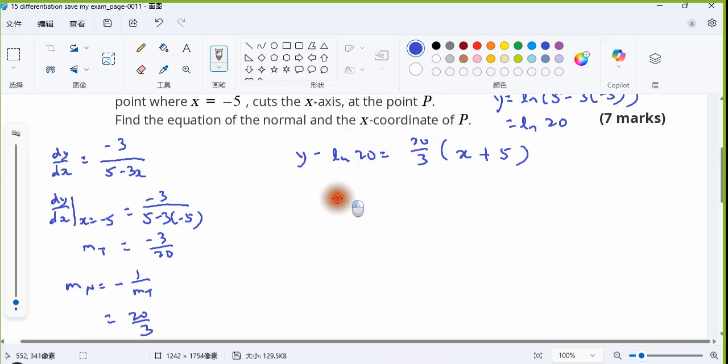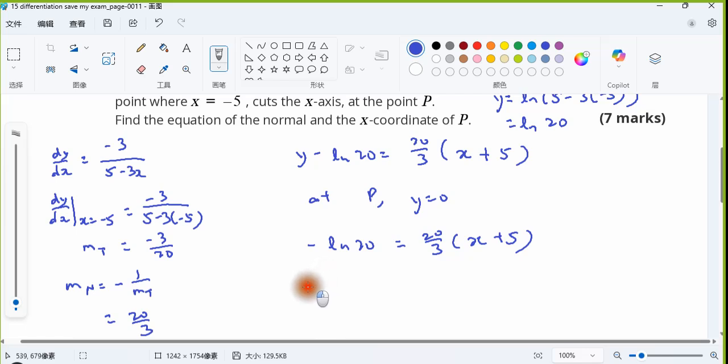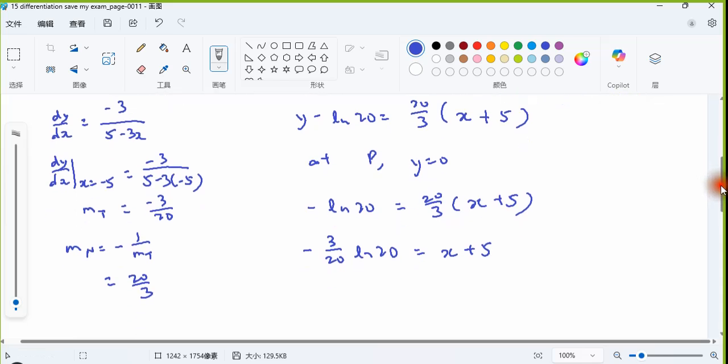And at P, on the x-axis, y equal to 0. So negative ln 20 equal to 20 over 3 times (x plus 5). So we have negative 3 over 20 ln 20 equal to x plus 5.